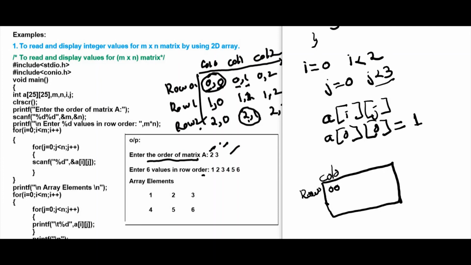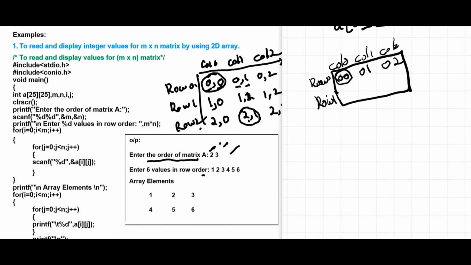And the second element will be row 0 and column 1. Right? So this is row 1, this is column 1, this is column 2. So now the first element, that is 1, where will it be stored? It will be stored at 0th row, 0th column.